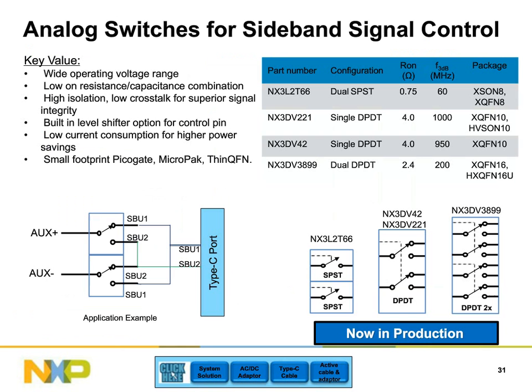Now, when you are supporting alternate mode, you need to take care of the sideband signals as well. And NXP has a portfolio of analog switches targeted for sideband signal switching as well. So when it comes to the data path, we have solutions for high-speed path as well as for the sideband signals.